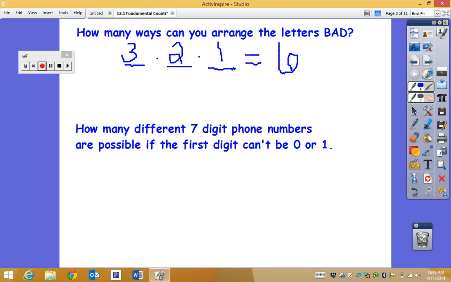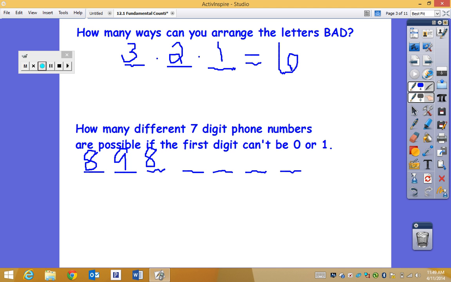How many different 7-digit phone numbers are possible if the first digit can't be a 0 or a 1? So I have 7 digits. And remember, there are 10 digits in our number system, 0 through 9, but it tells us that the first digit can't be a 0 or a 1, so that means I have 8 choices. Now, if I have used one of the 10 digits, that means that I have 9 left for this position.